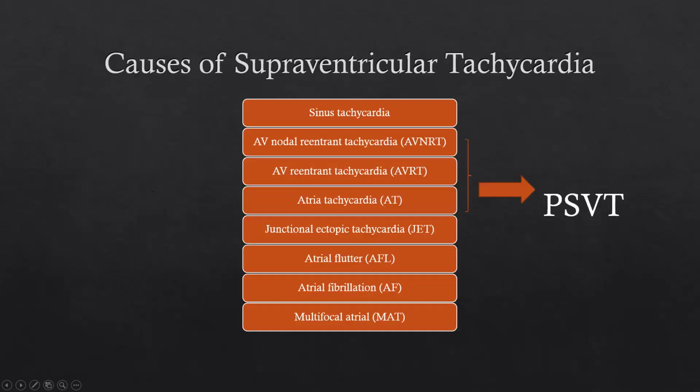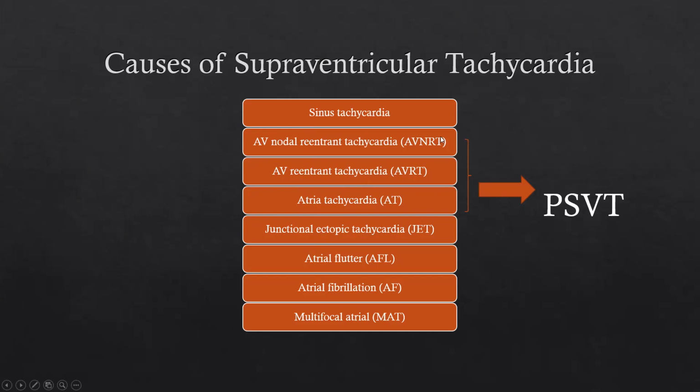So the definition of SVT. Generally speaking, SVT, supraventricular tachycardia, is a narrow complex re-entry tachycardia, but actually it means arrhythmia originating at or above the AV node, and it includes sinus tachycardia, AV nodal re-entrant tachycardia, AV re-entrant tachycardia (AVRT), atrial tachycardia, atrial flutter, junctional tachycardia, atrial fibrillation, and multifocal atrial tachycardia.